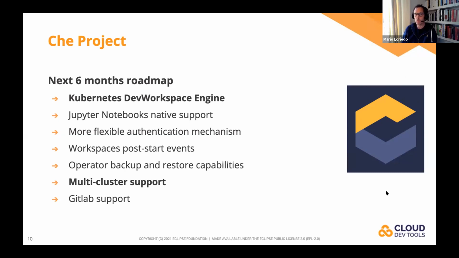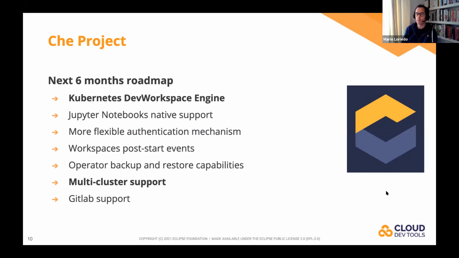Then we are working on making the authentication mechanisms for Che more flexible, in the sense that users won't need to use Keycloak. We currently require Keycloak to use Che in authenticated mode. We are removing that requirement, and we'll be able to use other, more lightweight identity providers.